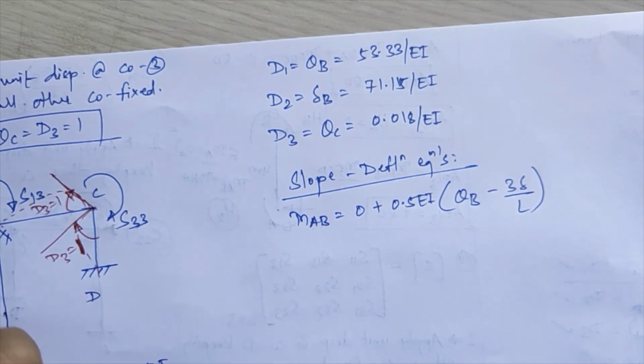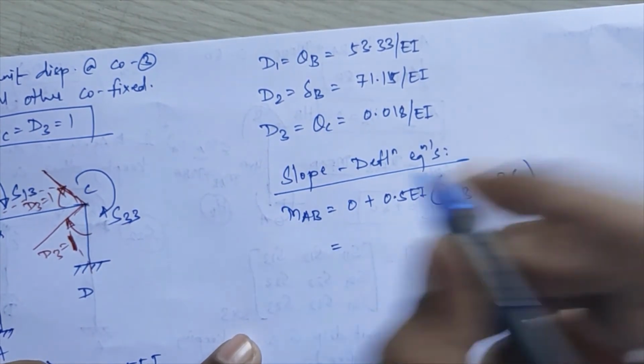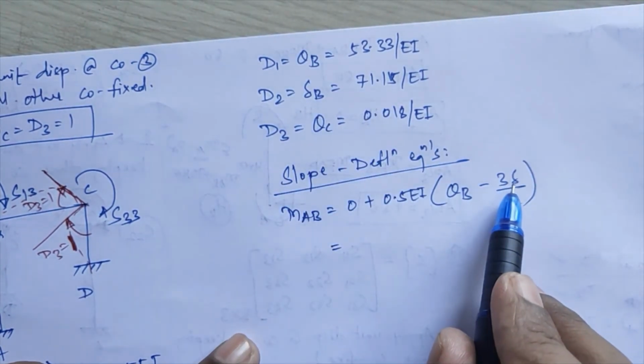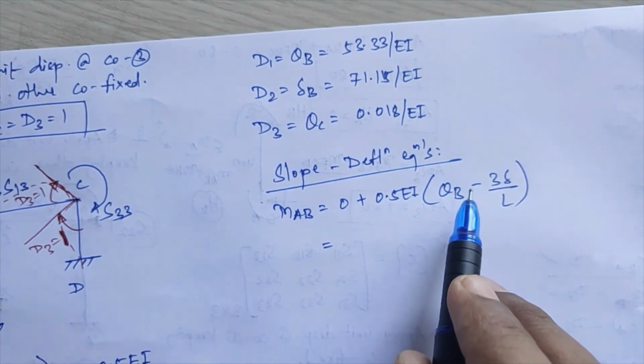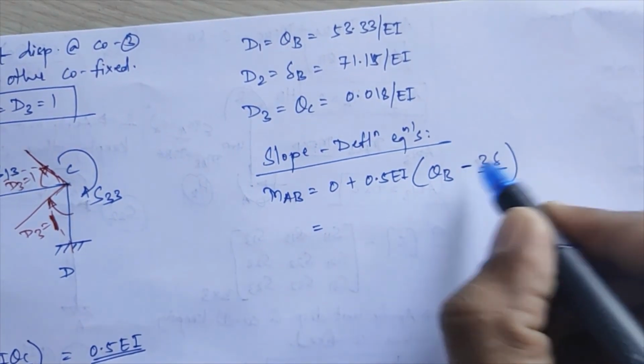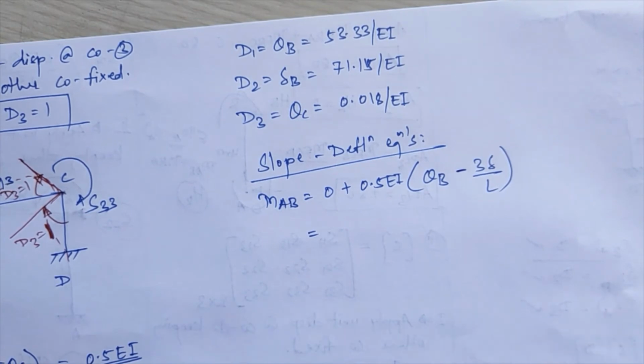Substitute this delta as it is with its sign, no need of changing the sign, because if your frame is swaying towards the right, this will always come as minus 3 delta upon L. If the frame sways towards the left, this will come plus.